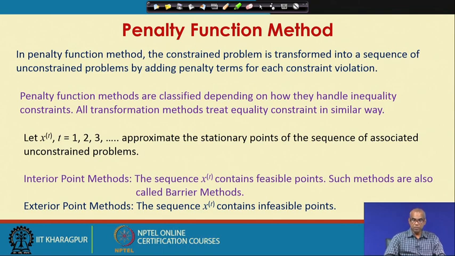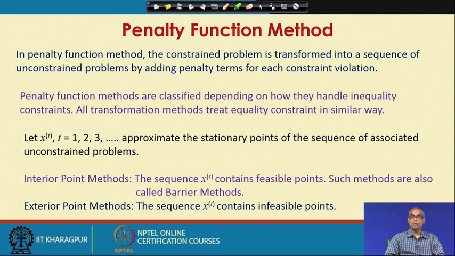Now, if this sequence contains feasible points, we call this method an interior point method. Such methods are also known as barrier methods. If the sequence contains infeasible points, we call the penalty function method an exterior point method. So, there are broadly two types of methods, interior point methods and exterior point methods. In case of interior point methods, the stationary points of the sequence of unconstrained problems will be feasible points.